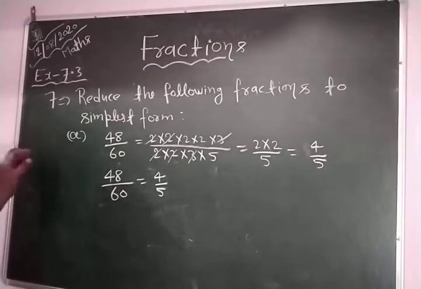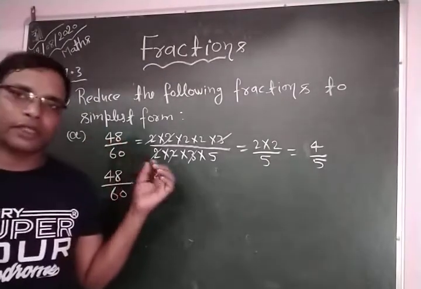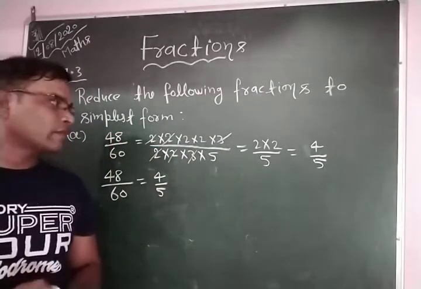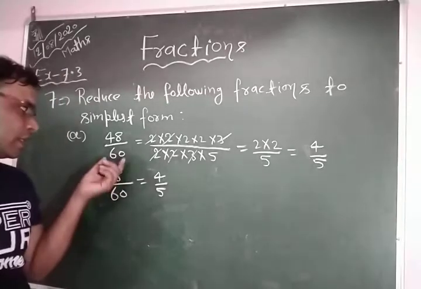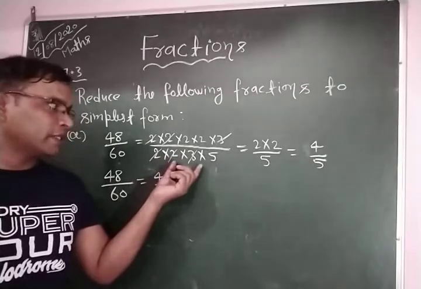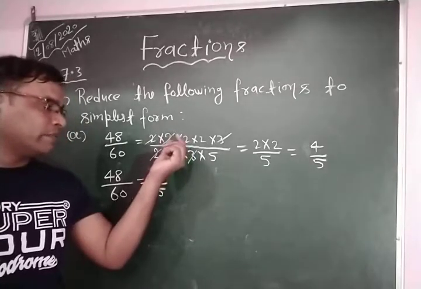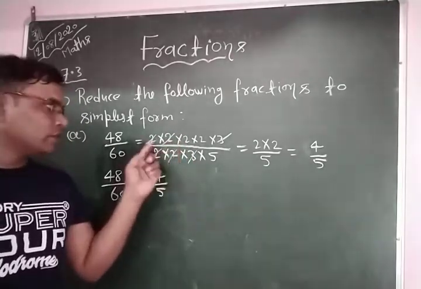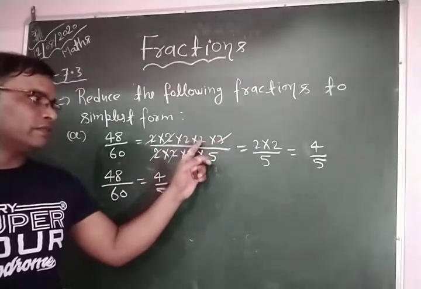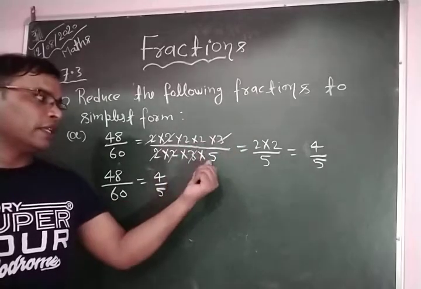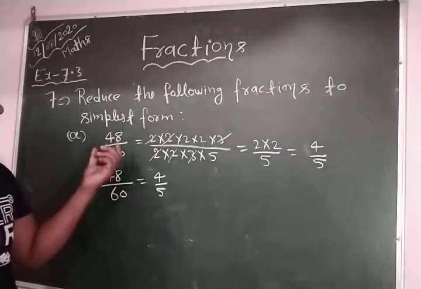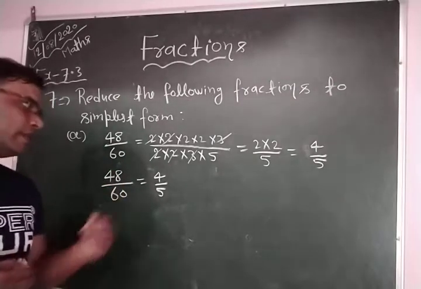Clear? First we express 48 as a product of prime factors, and also 60 as a product of prime factors, and the common factors we cancel. 2 cancels, this 2 cancels, this 3 cancels. So you have 2 into 2, which is 4, over 5. Thus the simplest form of 48 by 60 is equal to 4 by 5.